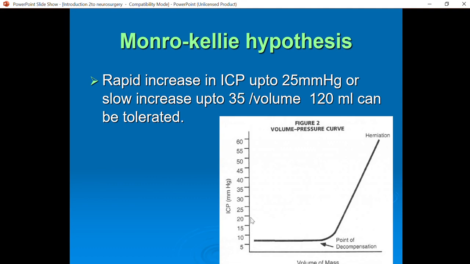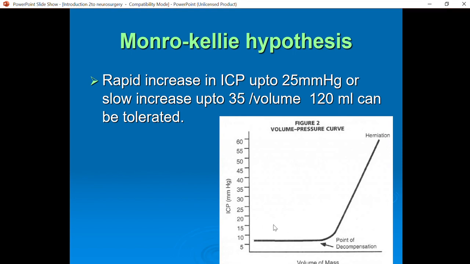This is just a diagrammatic representation of the Monro-Kelly hypothesis. The brain can tolerate an increase in the volume of brain, CSF, like in hydrocephalus, or blood, like in hemorrhage, through the compensatory mechanisms.